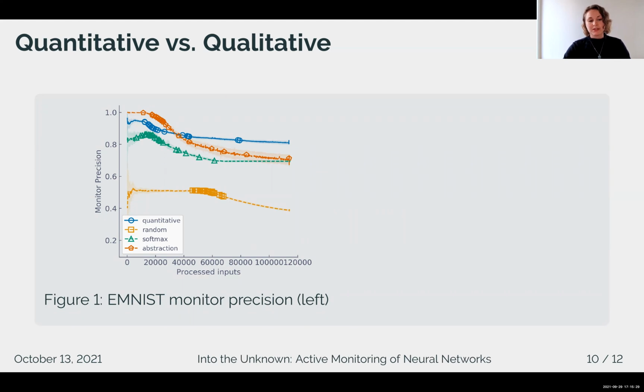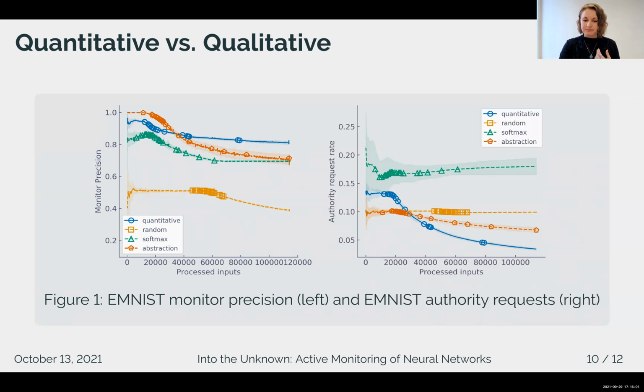And here, just to show you an example, this framework of active monitoring that we propose performs better in terms of the precision of the monitor. We can see that here, our quantitative monitor is in blue, and it manages to maintain high precision in detecting novelties over time due to the adaptation stage, while other monitors start deteriorating in precision as more and more novel inputs come in.